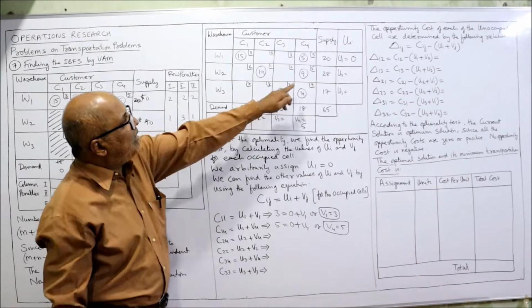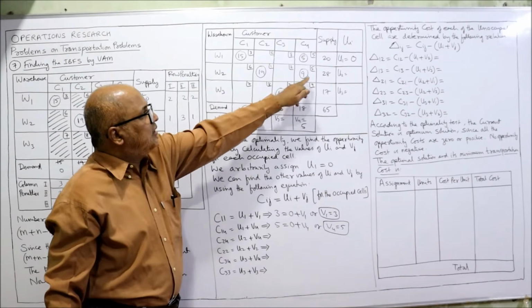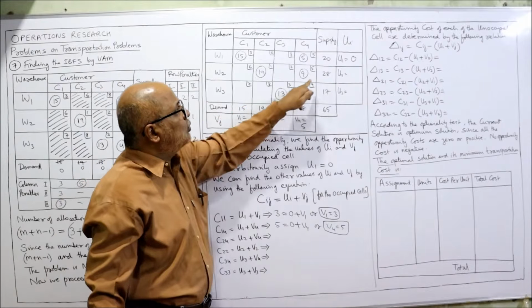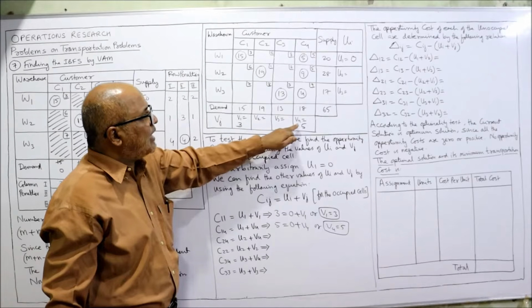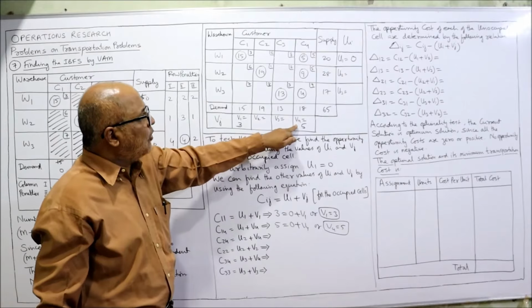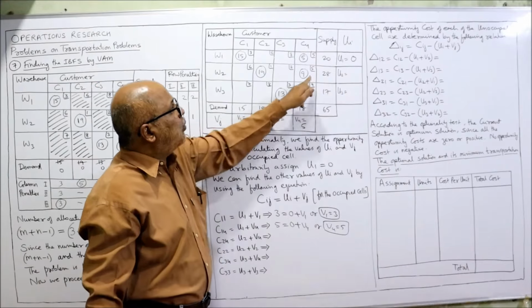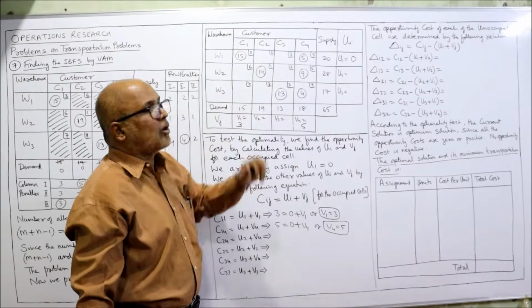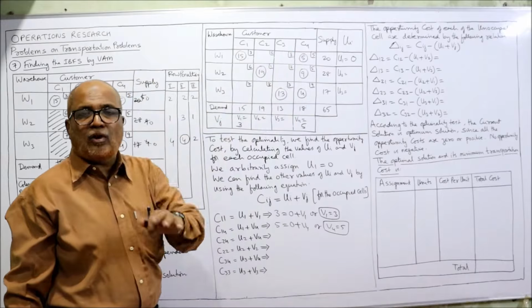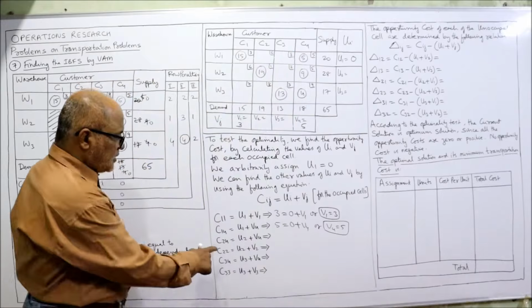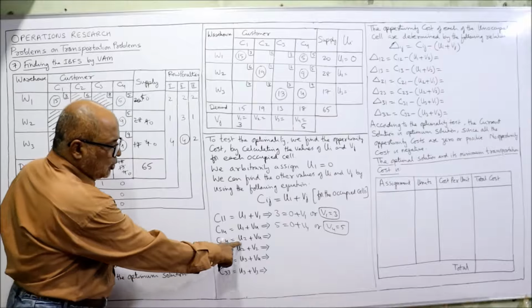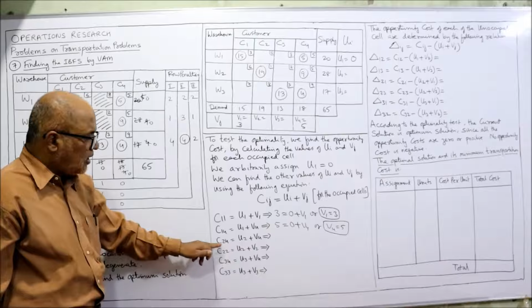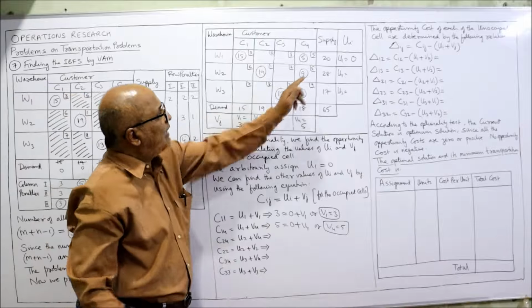Now we can use this occupied cell to find the value of U2, because we have V4. What is the location of this cell? Second row, fourth column, C24. So C24 is equal to U2 plus V4. How much is C24? 5 rupees.